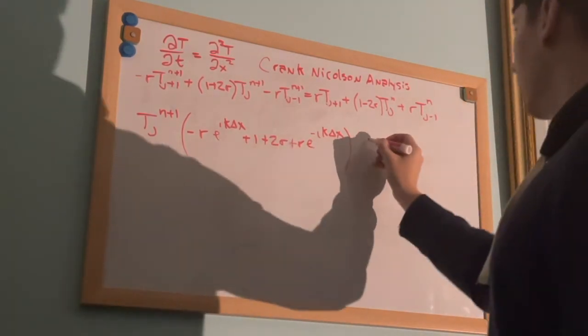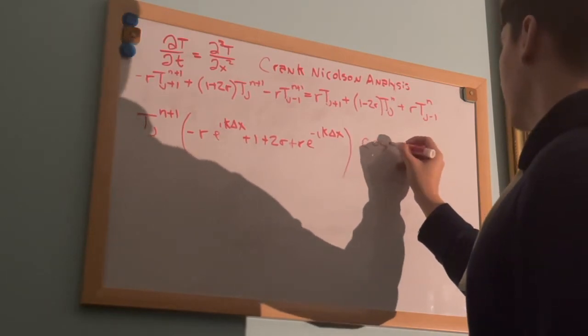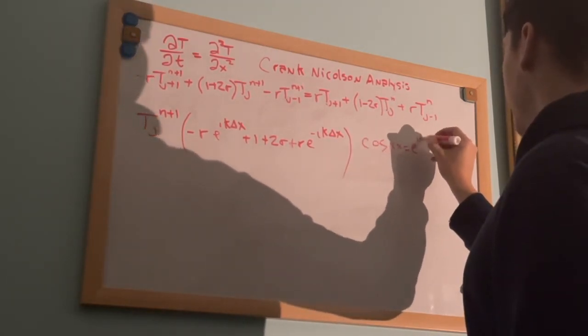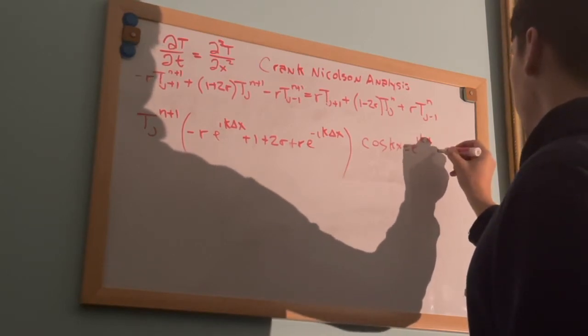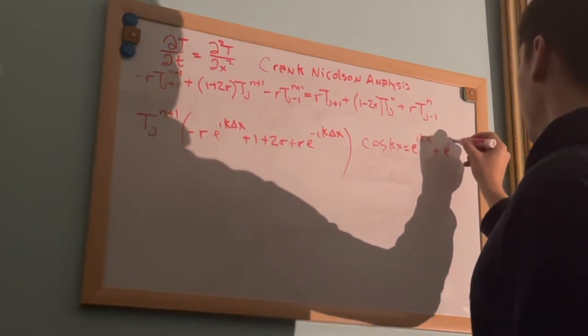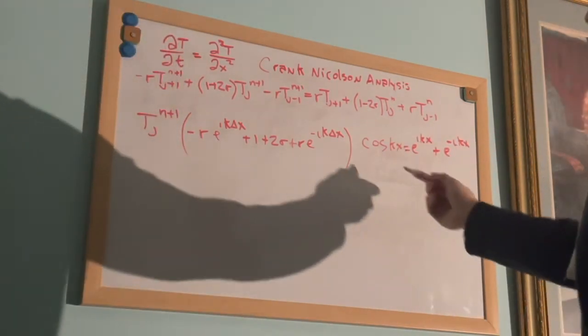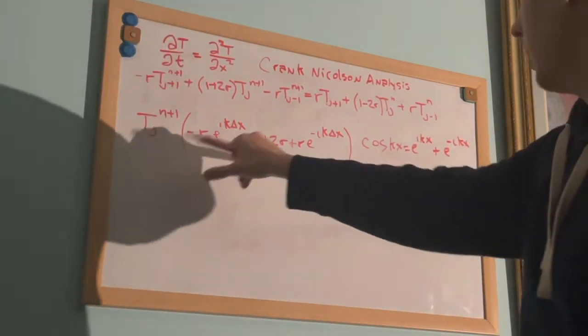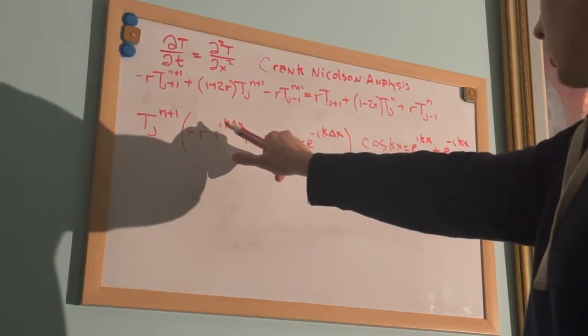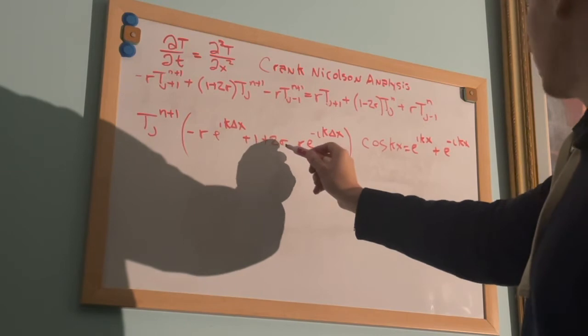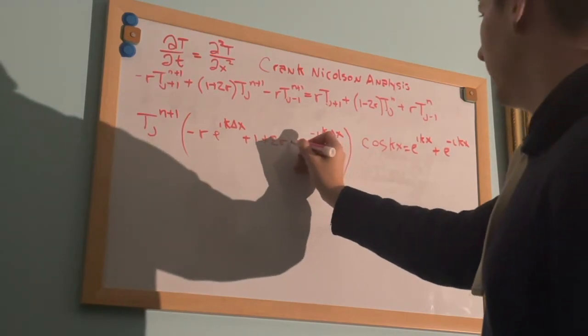This was actually equal to that cosine function of kx, where we saw that it was e to the i kx plus e to the negative i kx. And when you combine those two right there, maybe this was minus, I believe it was plus.